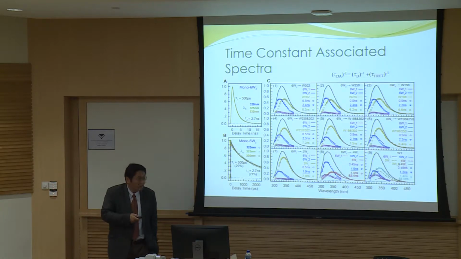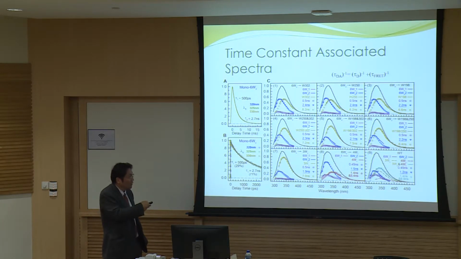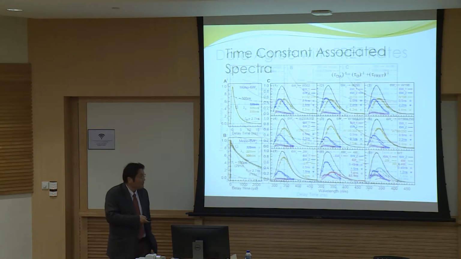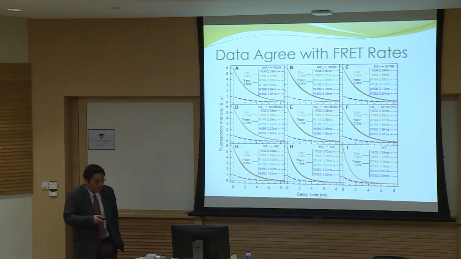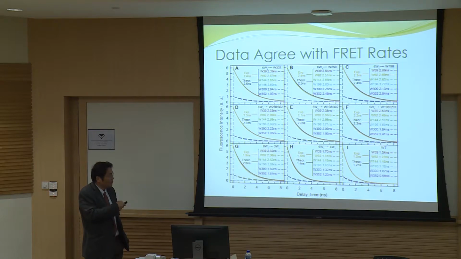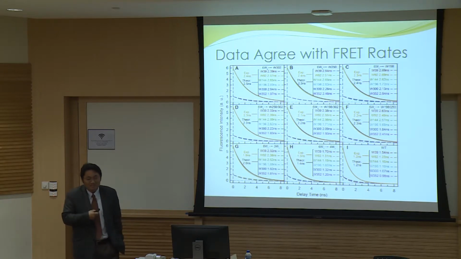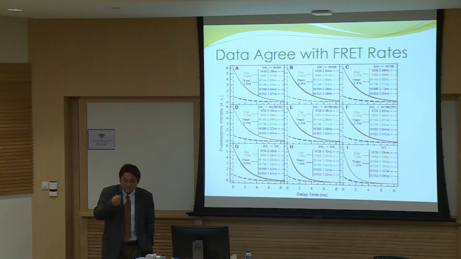It matches very well. So by doing this, we can do all kinds of mutations, deconvolute, and figure out what the dynamics are inside. And also by doing this, we can simulate using the Förster calculation data. We can simulate the energy transfer and put it together, exactly the same as the number we get from the experiment.